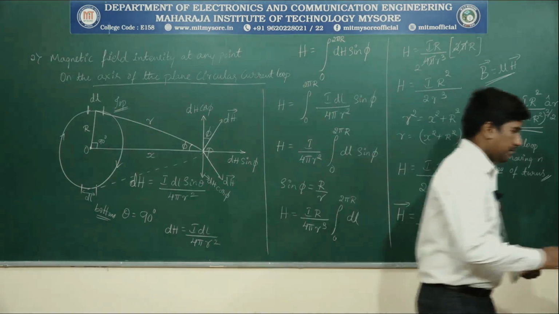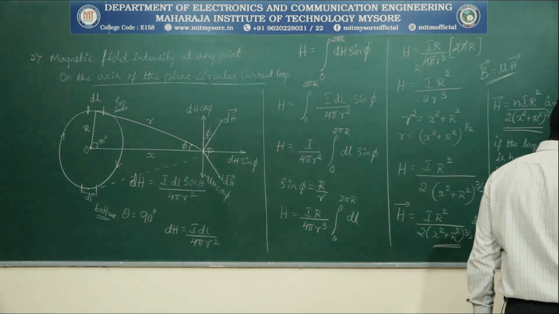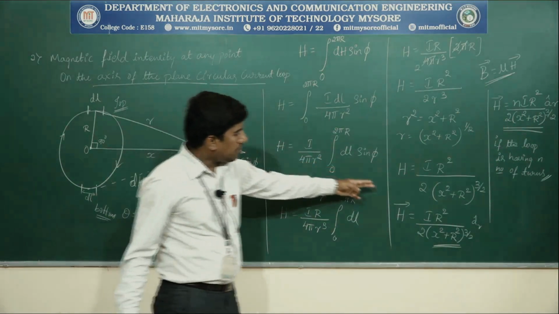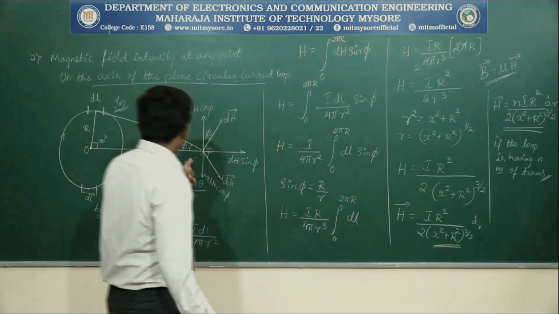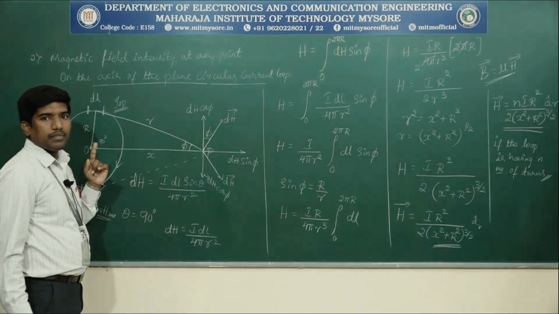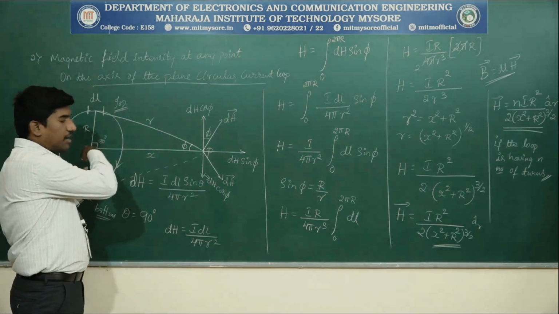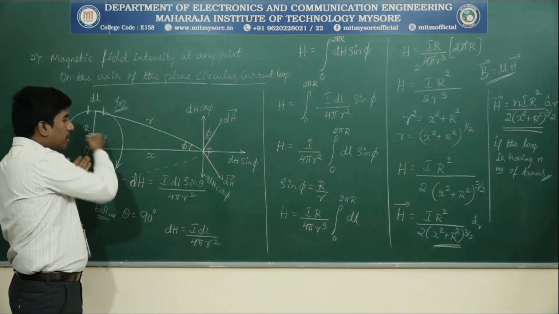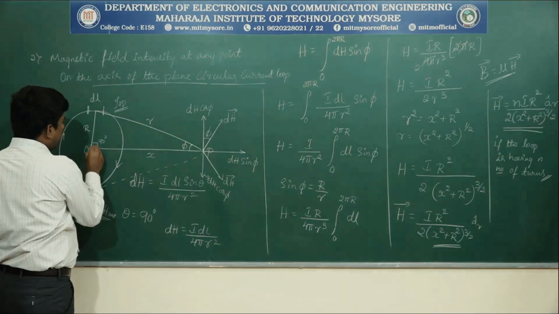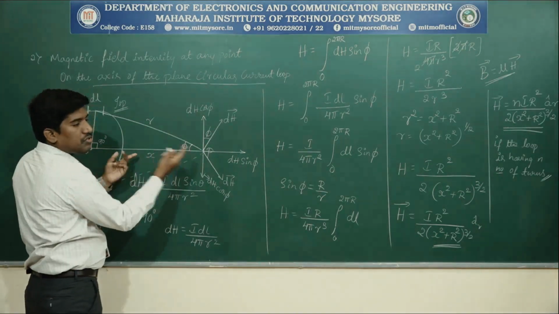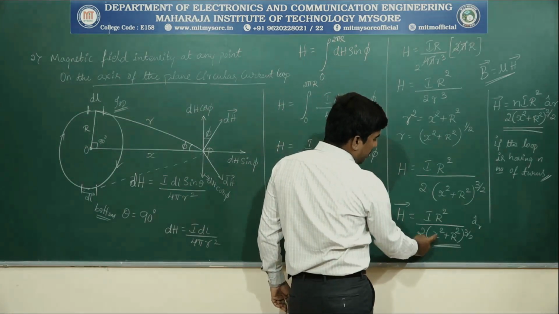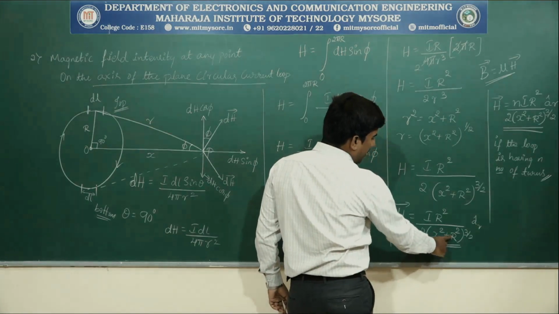Okay? Another special case you need to consider here. What happens if I choose this point at the center of this loop? We need to get back the same equation which we have derived previously, right? If this point is chosen at the center of this current loop, then x is 0. The value of x is 0, right? If I choose x equal to 0, then this equation becomes r cube.